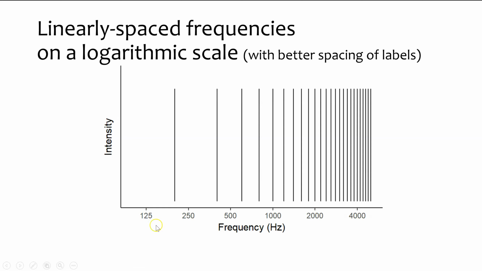And notice how, as we represent things logarithmically, even though they're all 200 hertz apart, they look to get closer and closer together the higher you go. And that's because 200 hertz relative to 200 is a big difference. That's a 100% difference. But 200 hertz relative to 4000, that's a tiny difference, right? So that's represented accordingly as a tiny space on the graph.